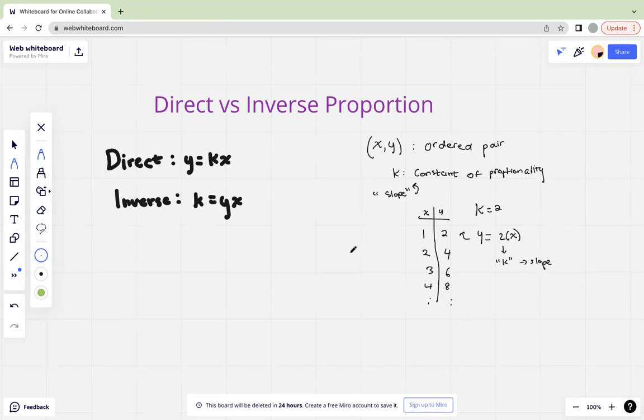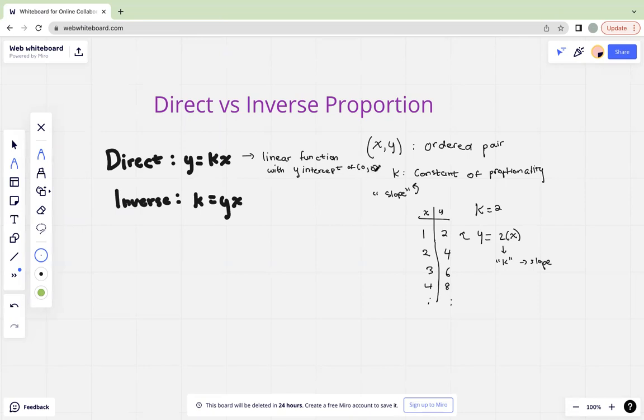So now let's get into what is going on here. A direct variation is essentially a linear function with a y-intercept of 0, 0.